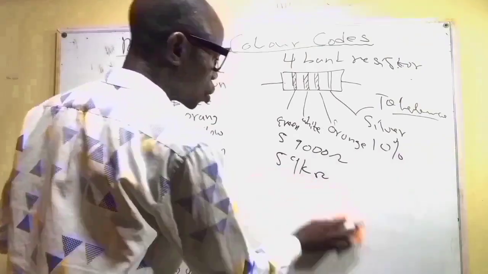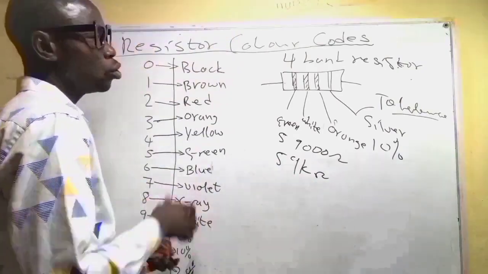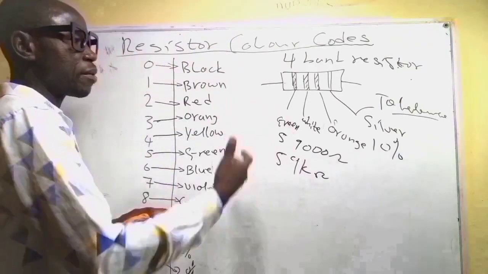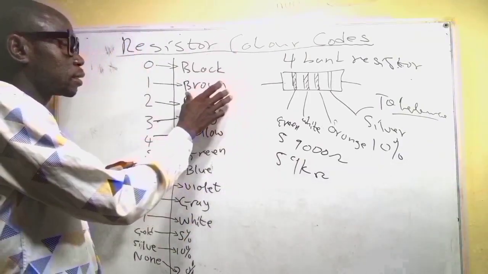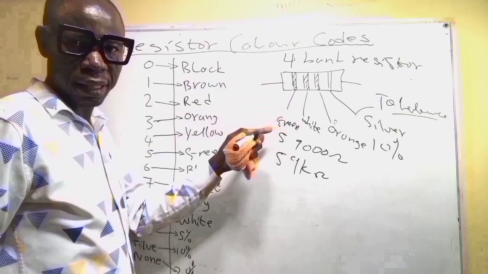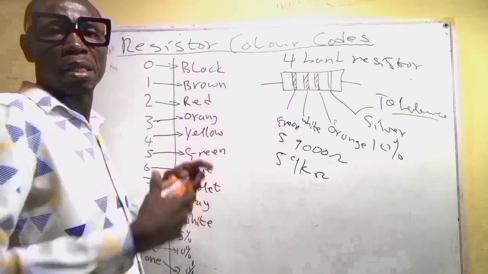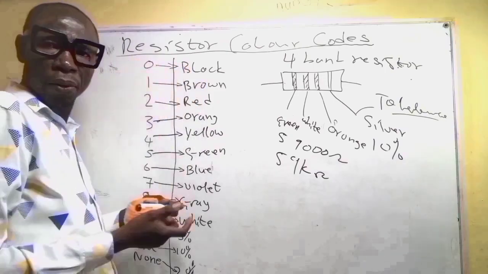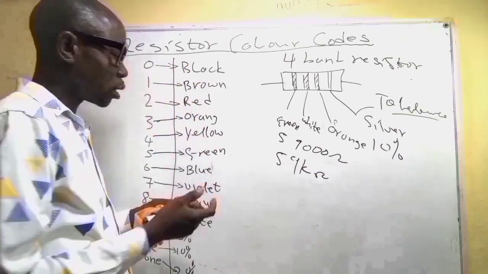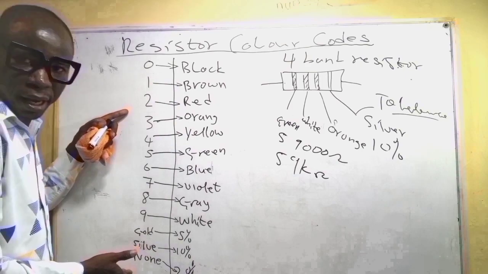Good. So, to know the resistance in the resistor, you must understand the colors coated on it, and what each color stands for. The color black stands for 0. Color brown stands for 1, as you see over here.